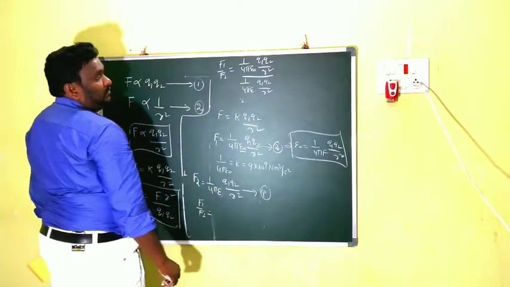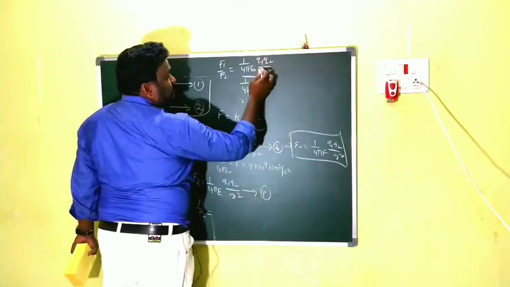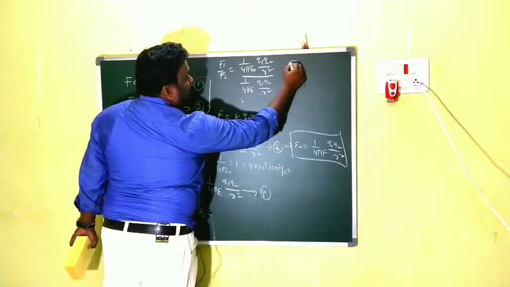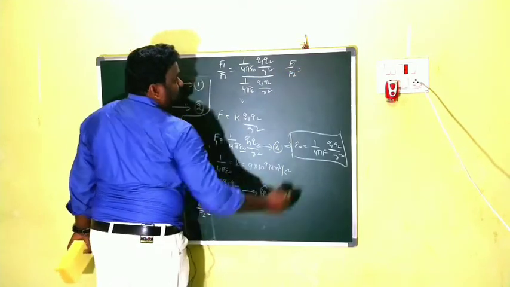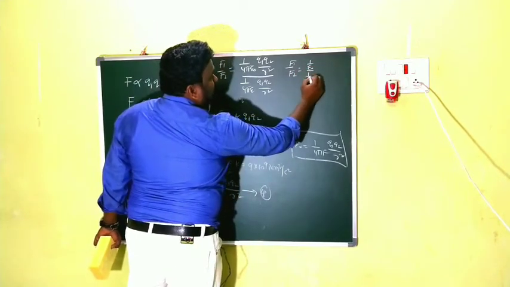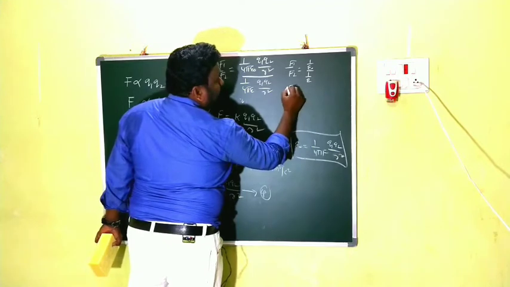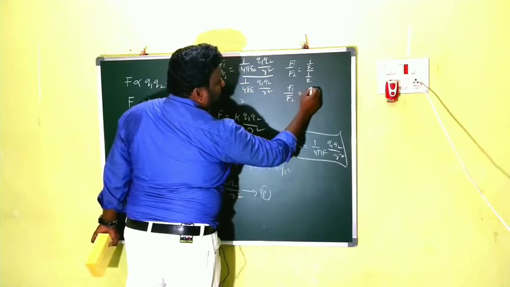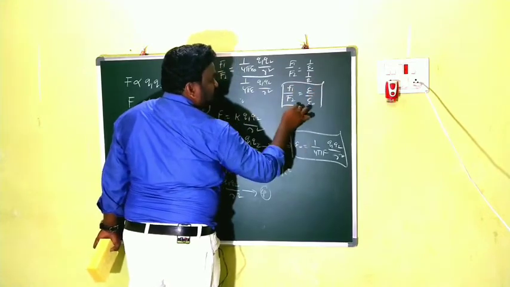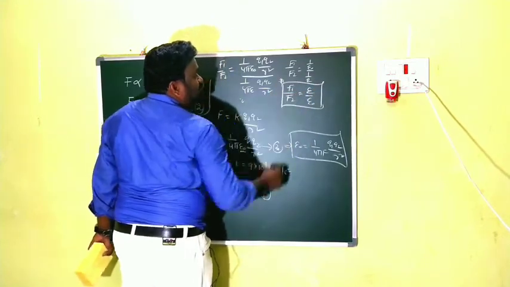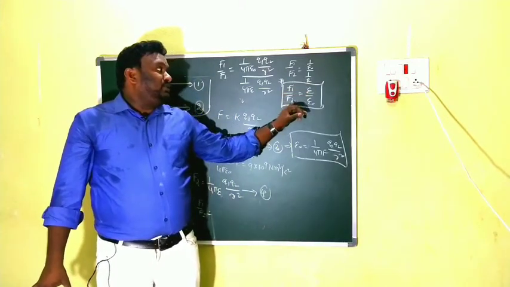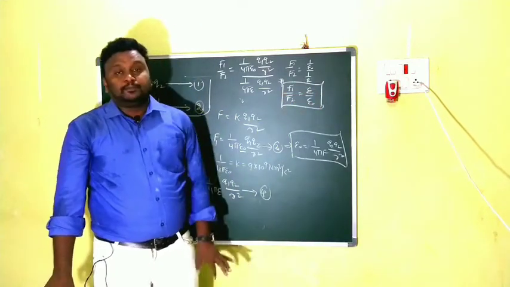Clear? Simply these two cancel, 1 by 4 pi cancels, then what do we get? F1 by F2 is equal to 1 by epsilon naught by 1 by epsilon, that is nothing but F1 by F2 is equal to epsilon by epsilon naught. So this is the relation between the forces and permittivities.